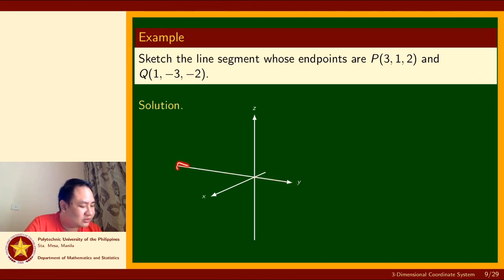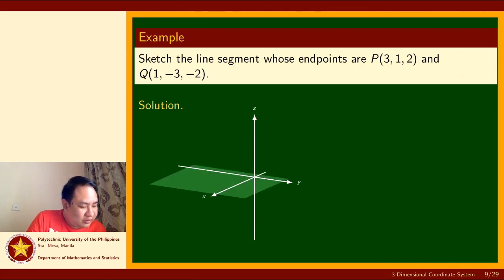That's why the y-axis is sketched as shown. Lastly, the z-coordinates involved are negative 2 and 2, so we have to include the range from negative 2 to 2 in our sketch of the z-axis. That's why the z-axis is sketched like this. This is the negative side, this is the positive side.